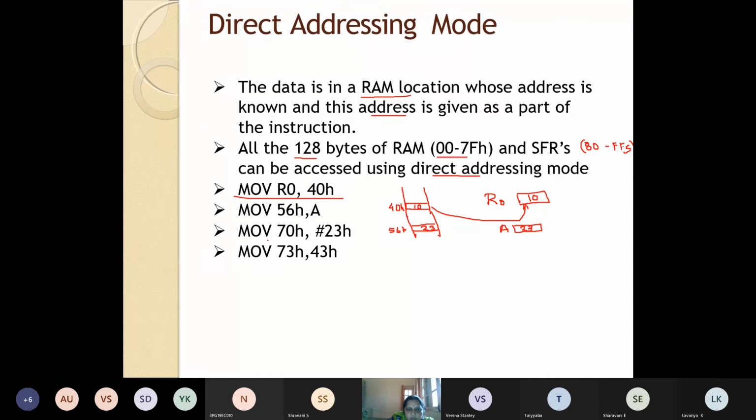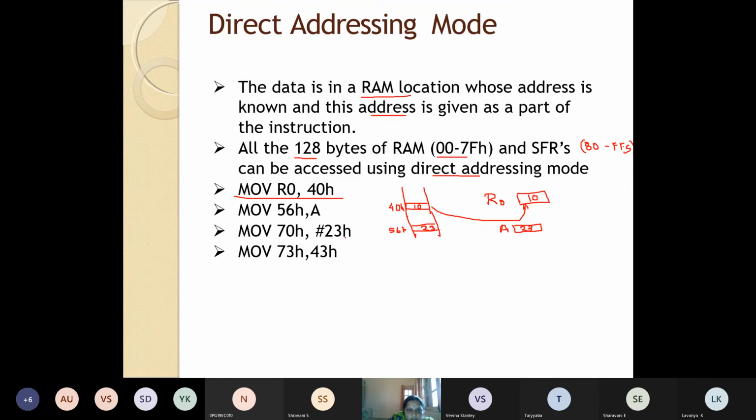Next, MOV 70H, #23. Here 70H is the direct addressing mode, which refers to the RAM memory location, and #23 is the immediate data. So this instruction loads the value 23 into the memory location 70H.